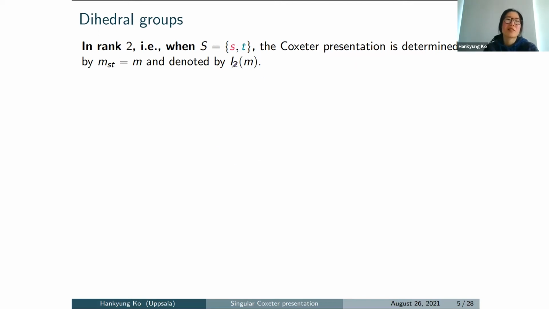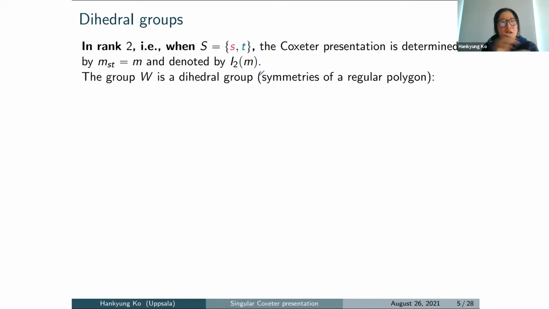A common notation for dihedral groups is I_2(m). And the resulting group W is the symmetry group of a polygon with m edges.